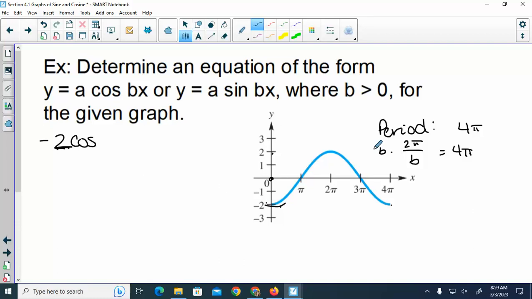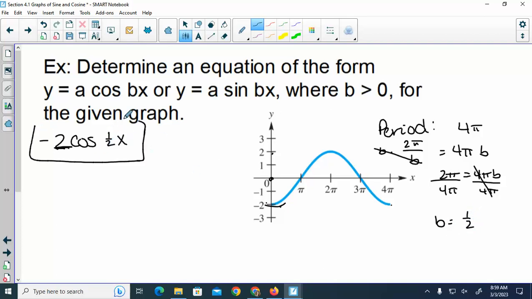So I'm just going to solve for this b. So we divide by 4 pi. 2 pi over 4 pi is 1 half. So it's negative 2 cosine of 1 half x.